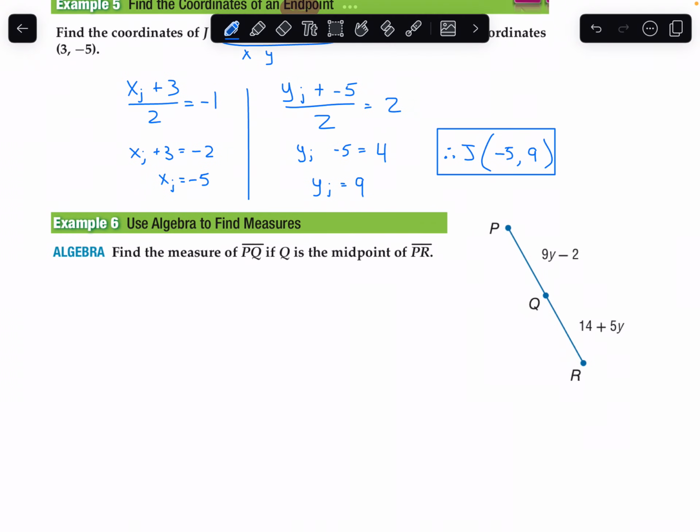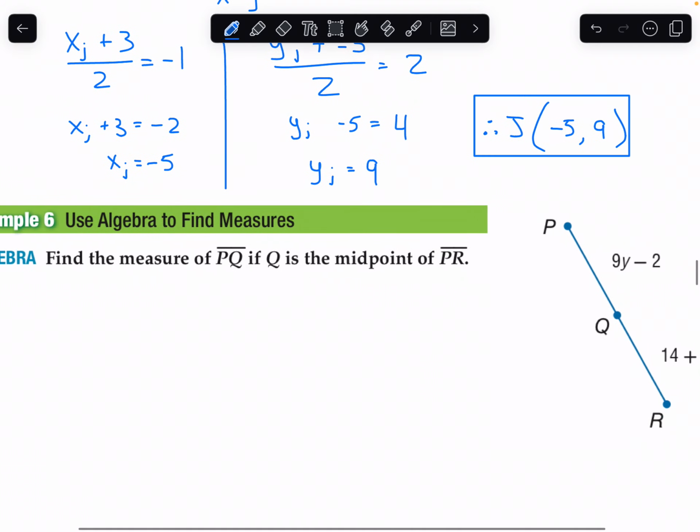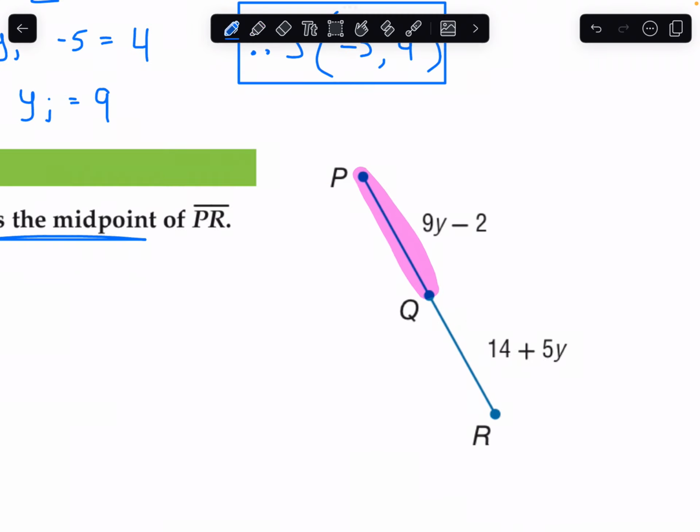And finally, example number 6, use algebra to find measures. We are given this diagram of segment PR. We are told find the measure of PQ, so this much is what I'm looking for here. If Q is the midpoint, Q is the midpoint, that is very important.